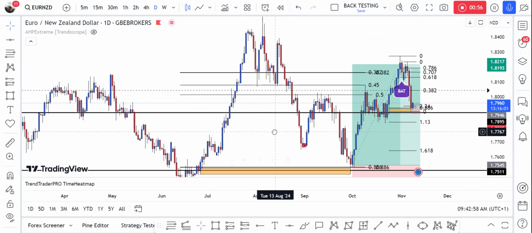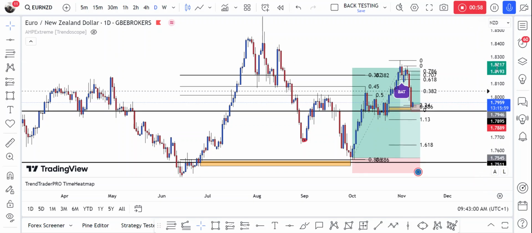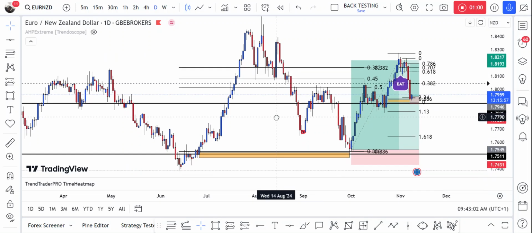Once you discover the PRZ area of interest, the next thing is to ask yourself: with the current price movement right now, do you have any kind of harmonic structure that will potentially lead you to your PRZ area of interest? That is just it.